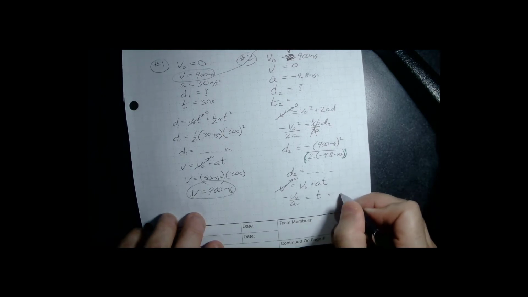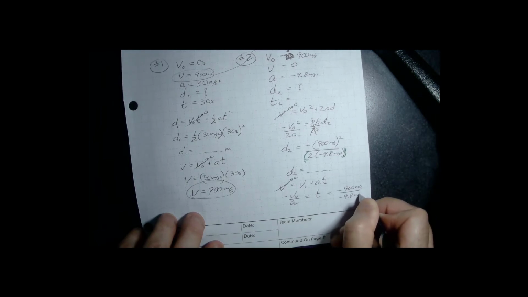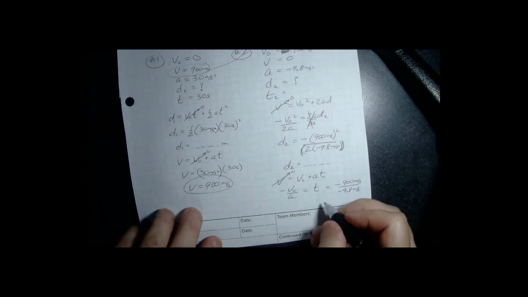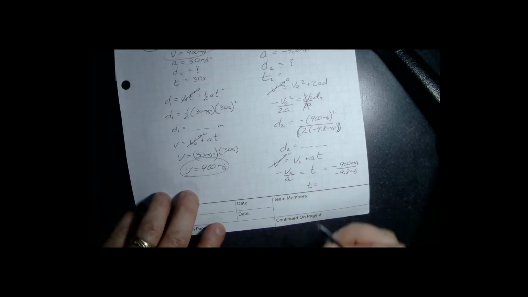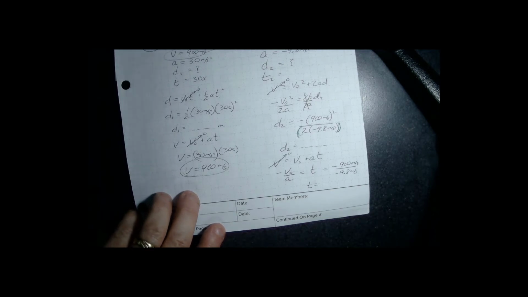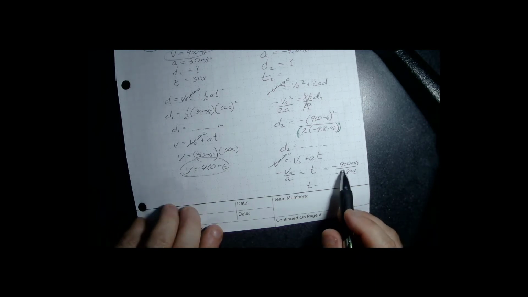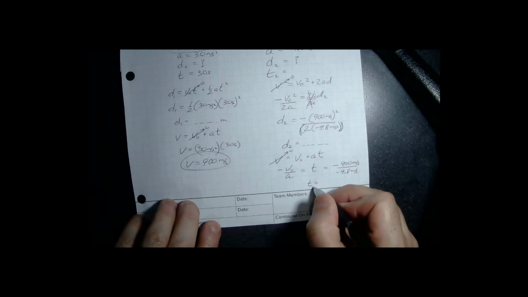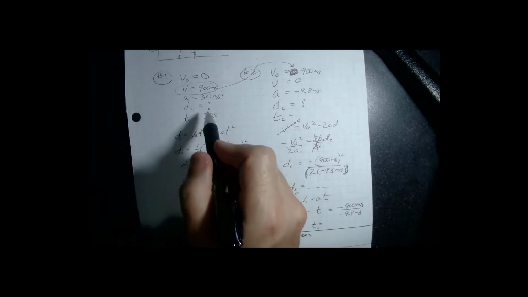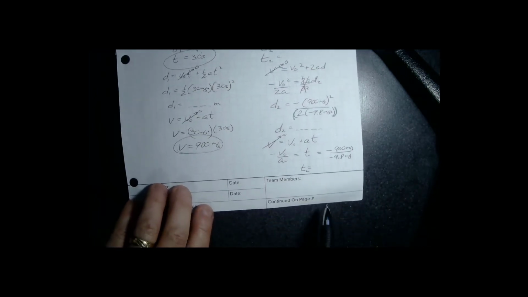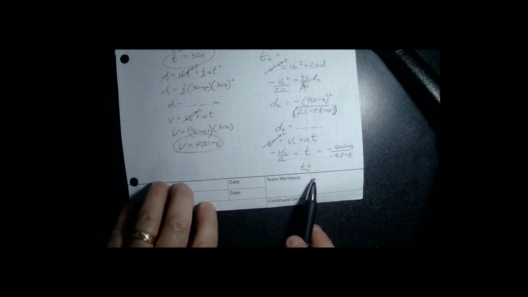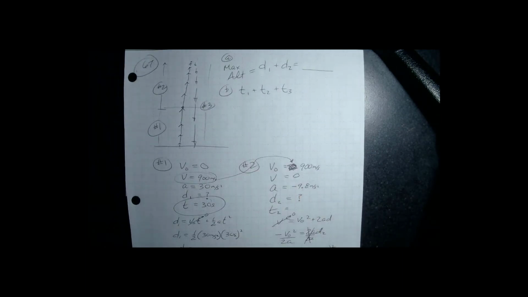And when you plug those in, you're going to get negative 900 meters per second divided by negative 9.8 meters per second squared. And that gives us T2. We've got T1 of 30 seconds. We just need to go work out T3 and add them all up.